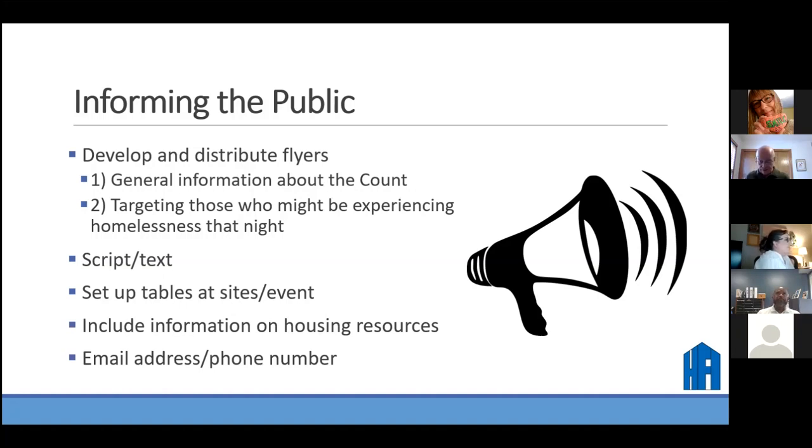Or you could purchase a prepaid cell phone usage plan just for the window during which the PIT is being planned and taking place, and obviously use that number. In any case, you want to make sure the phone and email are checked regularly so that if people are leaving messages, you're responding. And in the information that you leave here or anywhere, do not list the statewide call number for PIT information, though it's fine to include that in information about housing assistance.